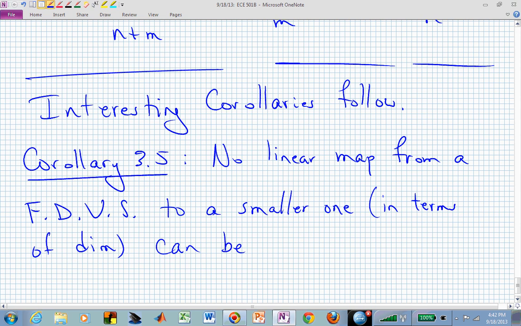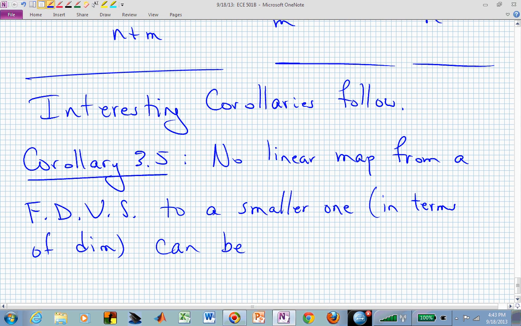So no linear map from a large dimensional space to a smaller space can be, so now you're going from something big into something small. You have more opportunity to fill up that smaller one, right?